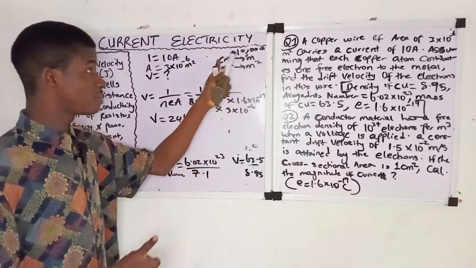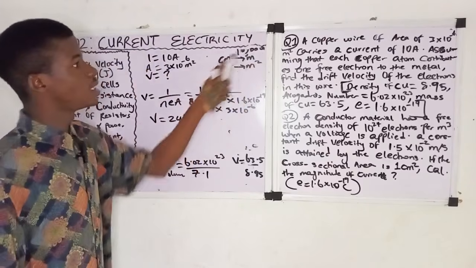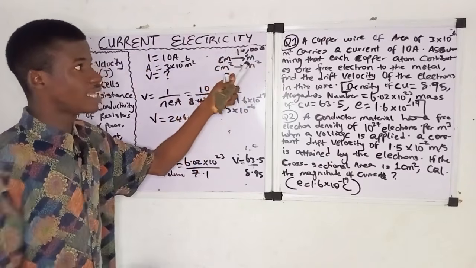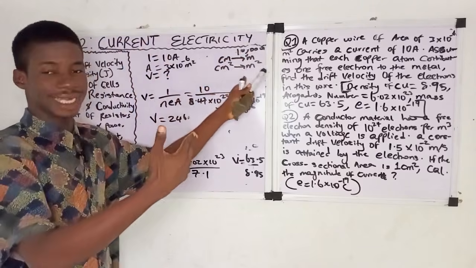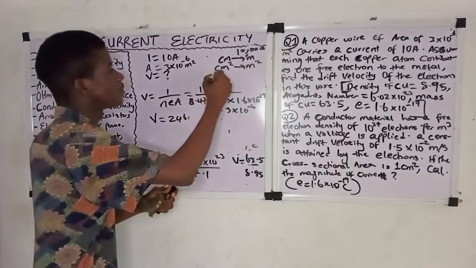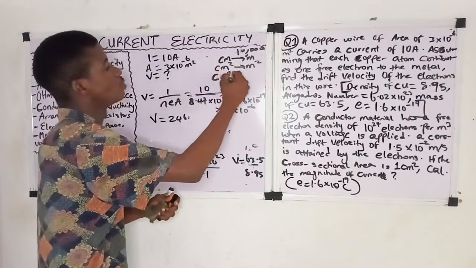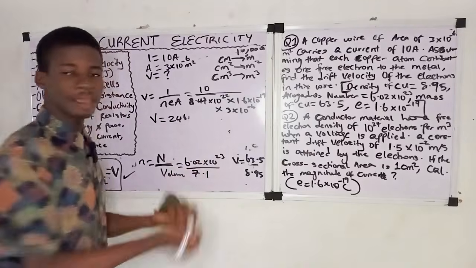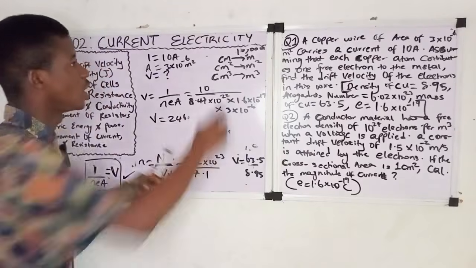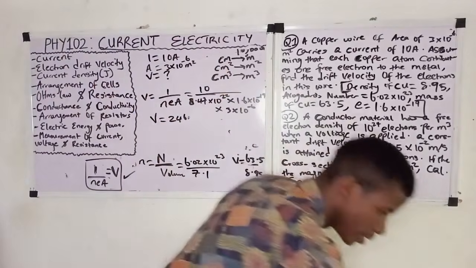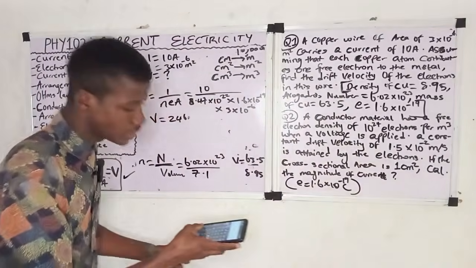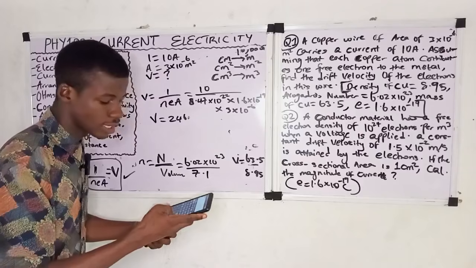Then when you convert from centimeter cube to meter cube, we divide by 1 million. That is 100 times 100 times 100, which is 1 million.